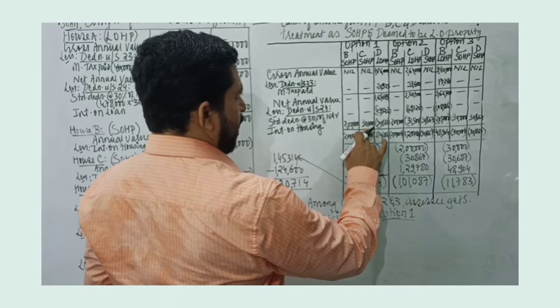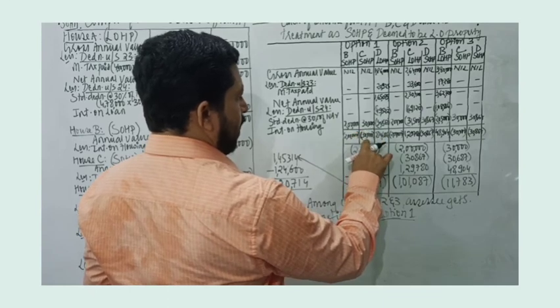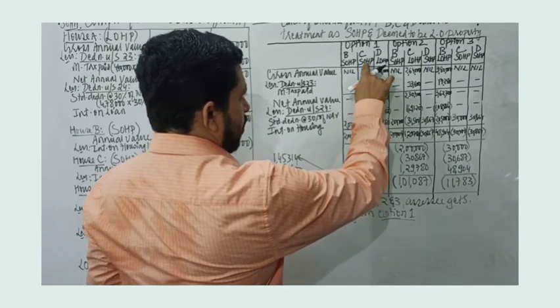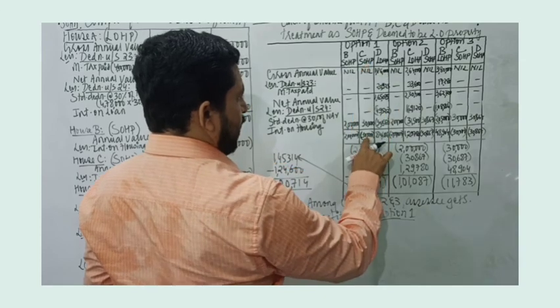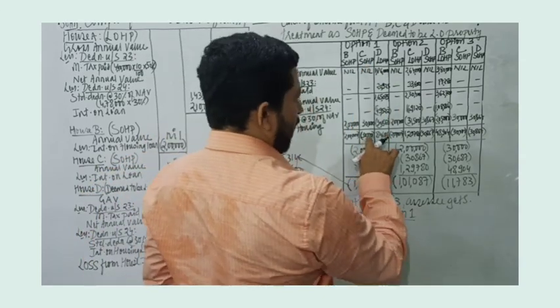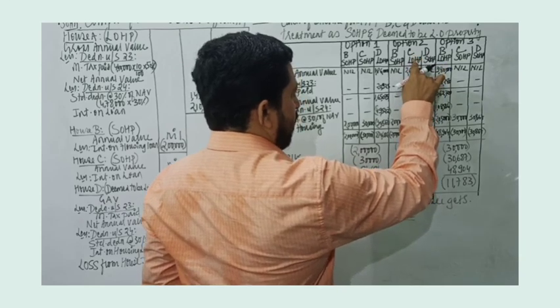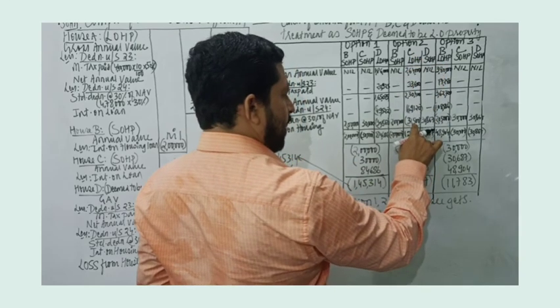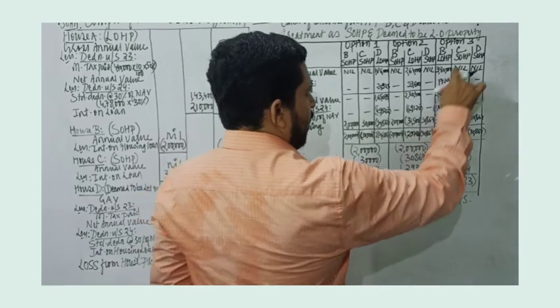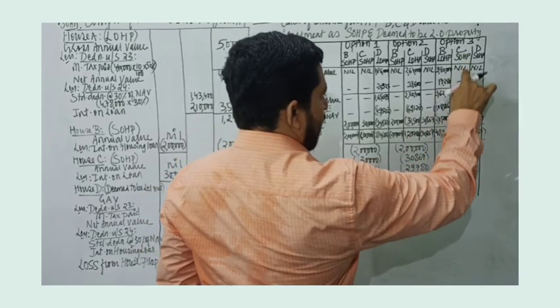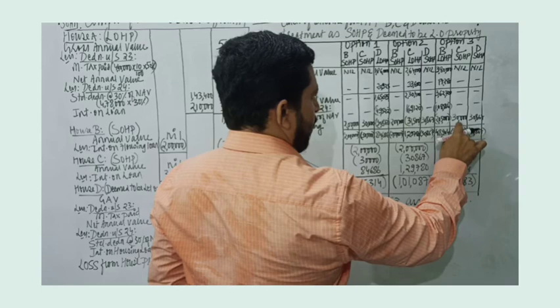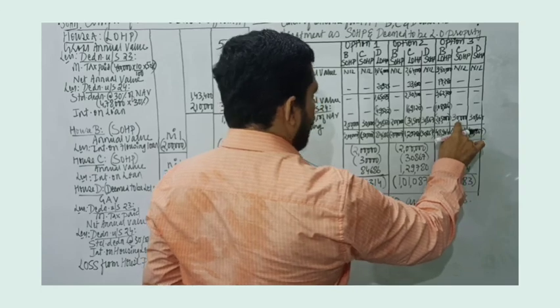Some points as far as house C is concerned: the property is taken for repairs. Since it is self-occupied, the maximum deduction is 30,000. But under option 2, the same house is let out, and in let out, the entire 31,500 is deductible. In option 3 again, house C becomes self-occupied, so the maximum deduction for repairs is 30,000.